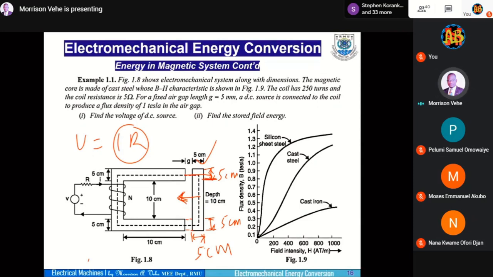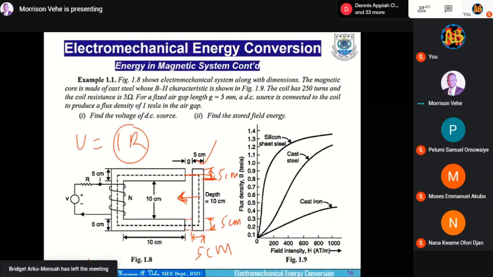What will be the state of the reluctance? So the reluctance will also be large as well. Okay.